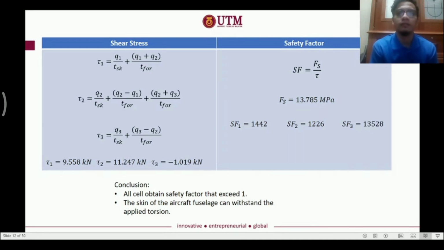Safety factor for cell 2 is 1226, and safety factor for cell 3 is 13,528. So we can see that all cells obtain a safety factor that exceeds 1, so all cells can withstand the torsion within the aircraft cruising, so the skin does not damage.